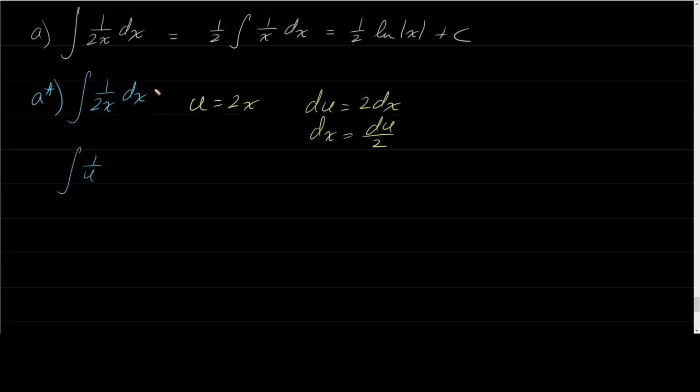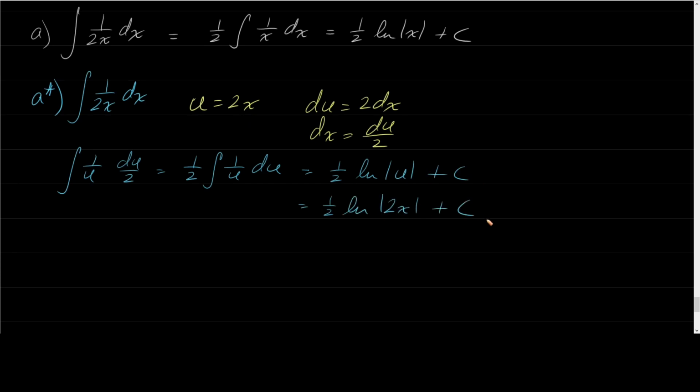That 2x was our u, and instead of dx, I've got du over 2. So I really have 1/2 integral of 1 over u du. The integral of 1 over u is ln of u, so I have 1/2 ln of the absolute value of u plus c. u was 2x, so I have 1/2 ln of the absolute value of 2x plus c.